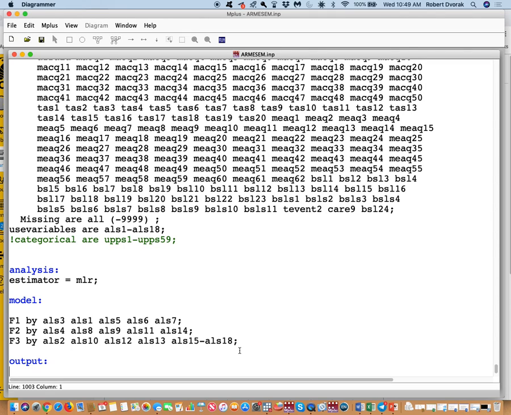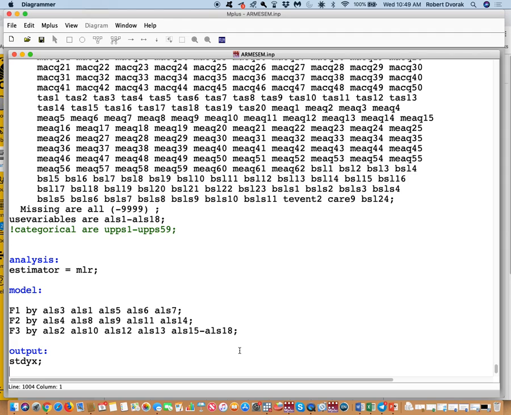What should I put here? Okay, we could do that. STDYX, not what I wanted, but. What does that provide again? That gives you standardized coefficients.